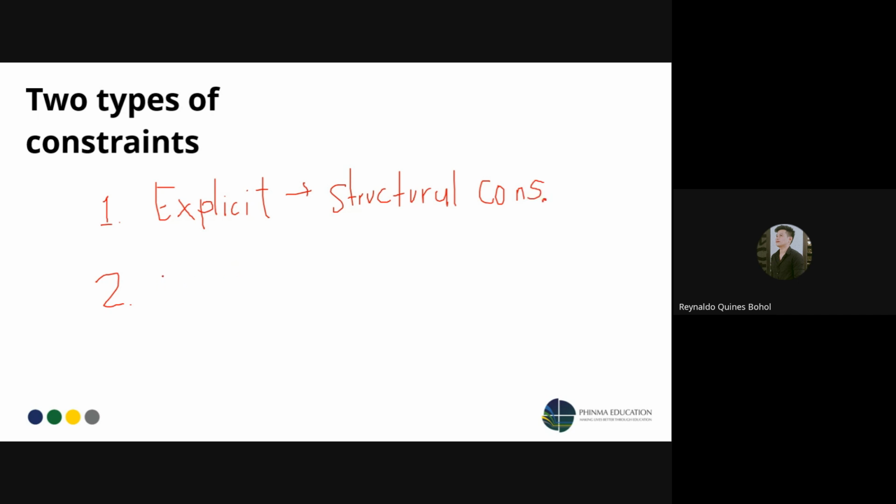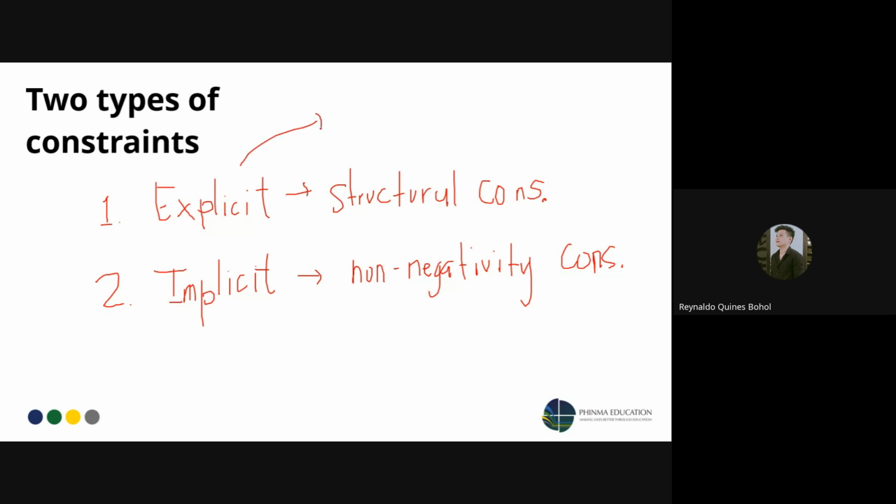And number one, if we have explicit, of course, we have implicit. Implicit is also known as the non-negativity constraints. Non-negativity constraints. Yeah. Again, we have two types of constraints, explicit and implicit.